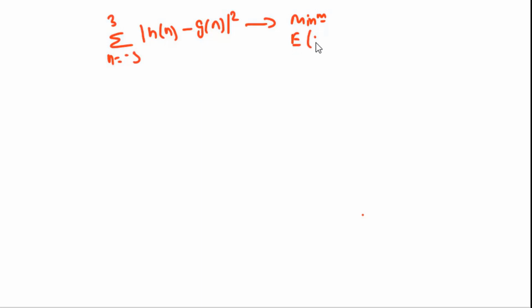So if you can minimize this summation, n equal to -3 to 3 of h of n minus g of n whole squared, then your E of h of g will be minimum.